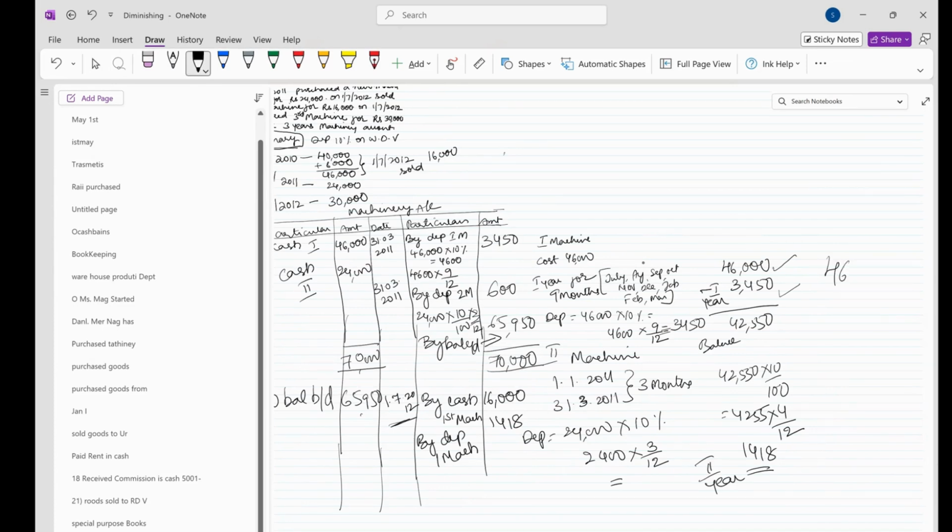Okay, now 46,000 minus first year 3,450. Second year 1,418. Now what is the balance? 41,132 is the machinery value.